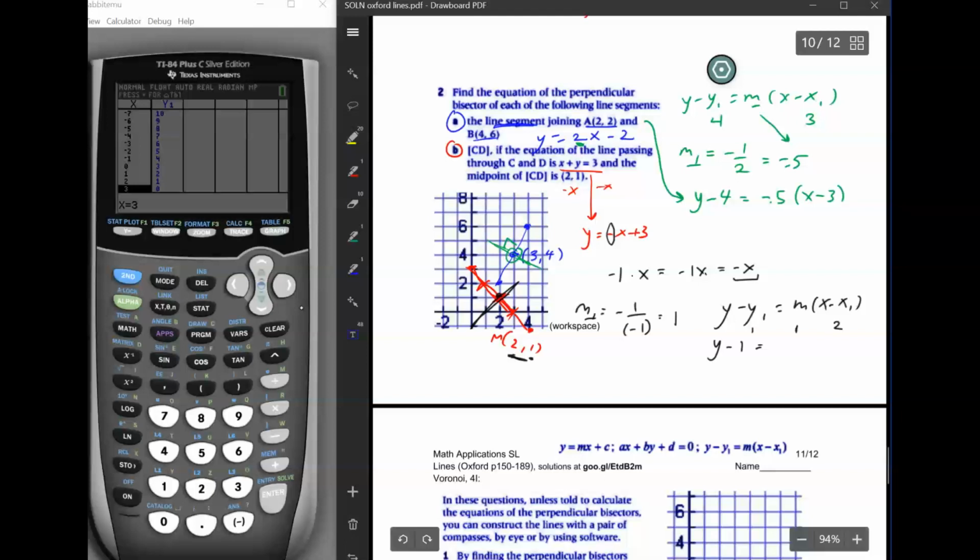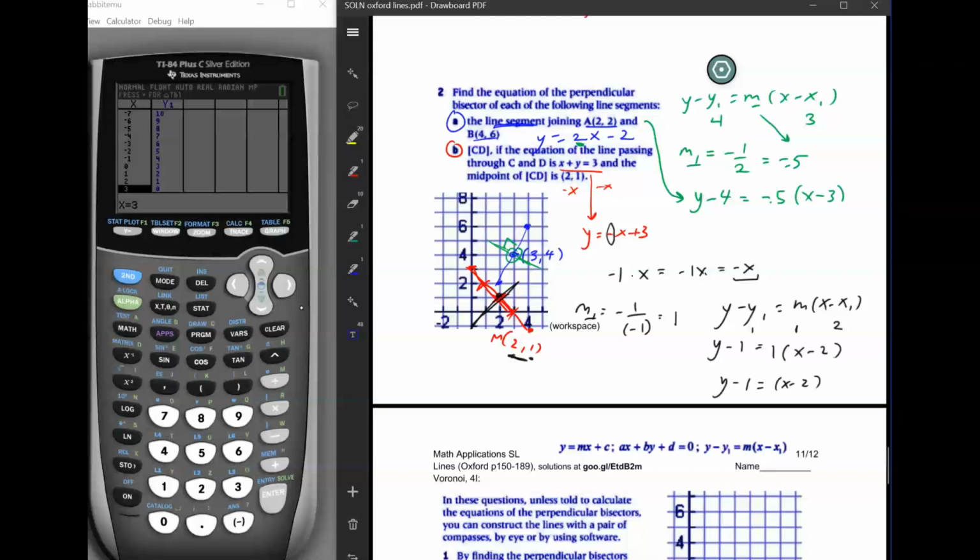So we're going to put y minus 1 equals 1 times x minus 2. And 1 times anything is just whatever anything is. So it's actually y minus 1 equals x minus 2, and you don't really need the parentheses anymore. Okay, so that is the equation of the perpendicular bisector.